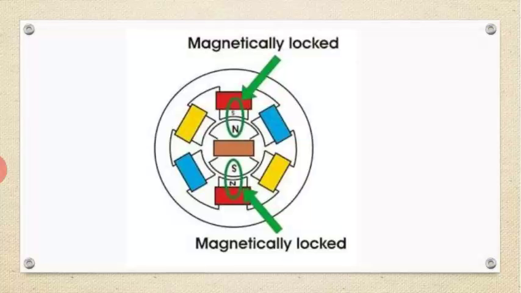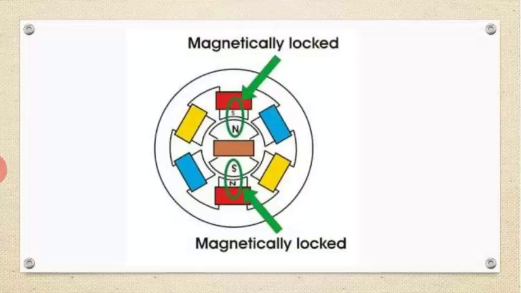So here is one phenomenon that is called magnetic lock. What is the magnetic lock? When the motor is started as an induction motor, the rotor is nearer to the stator poles, because the stator pole is ahead, rotating at synchronous speed, and the rotor is rotating at less than synchronous speed, like an induction motor.